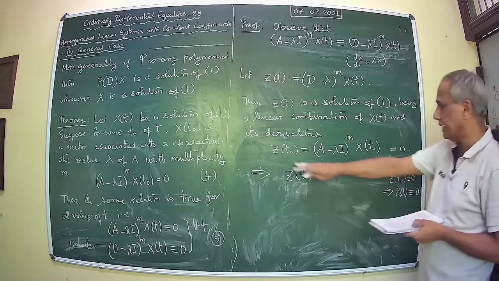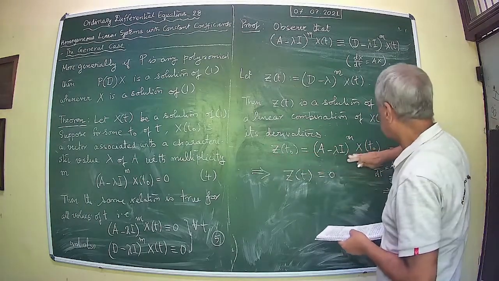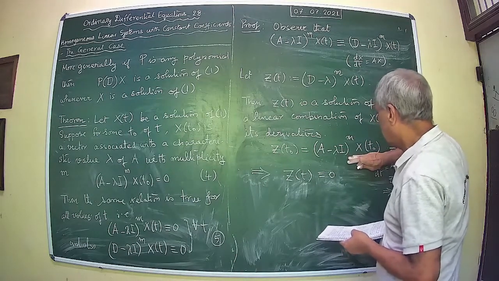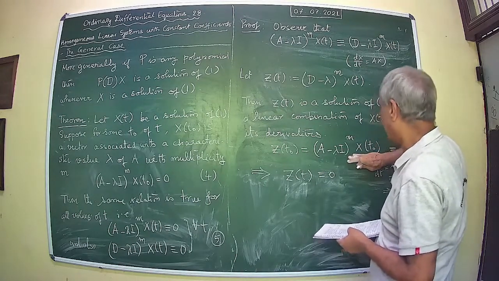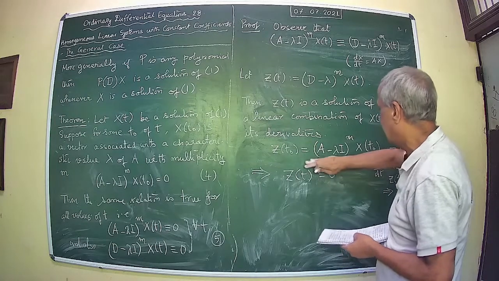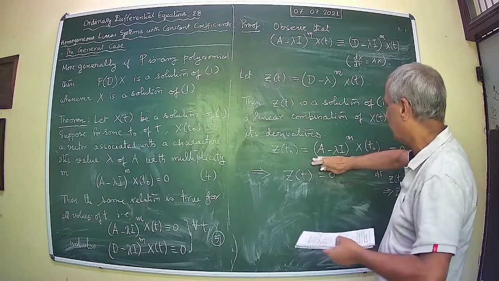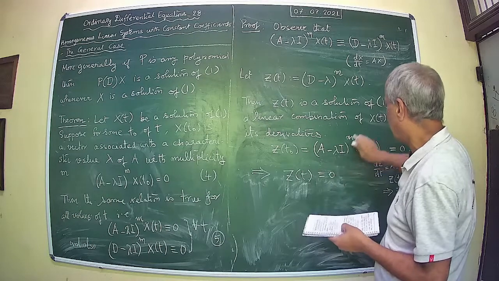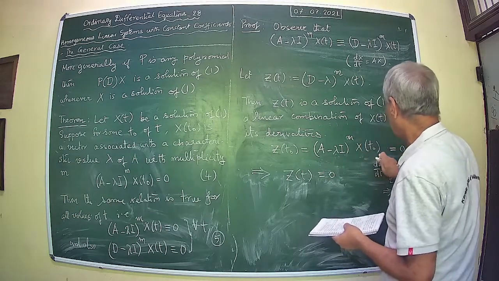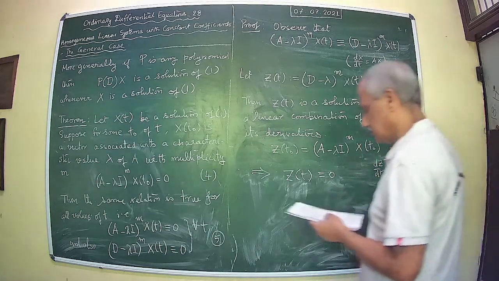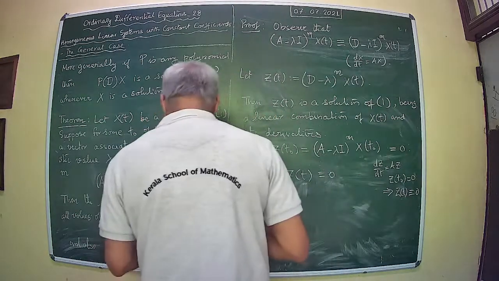And see how z(t naught) is chosen. It is chosen with x(t naught). x(t naught) is considered as a solution of the equation (A minus lambda I) to the power m x(t naught) equal to 0. Okay. So for such a thing, this is true.